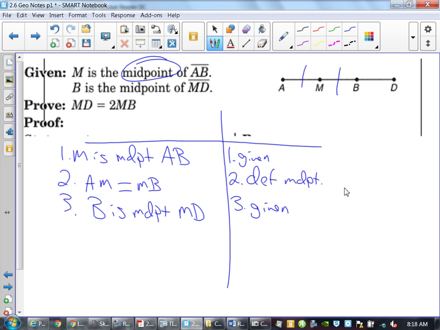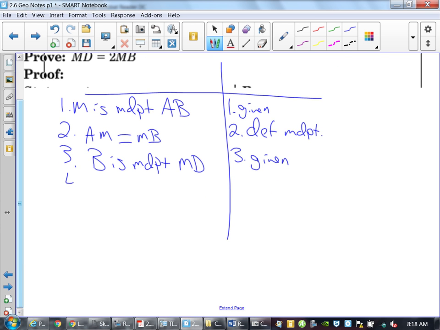What does it say to do? Segment equals segment. What are going to be the segments that are equal now if B is the midpoint? MB equals BD. How many tick marks should I put on BD if MB has one? Just one, because it already has one. So now my fourth statement is MB equals BD. What's the reason? What did we just use?